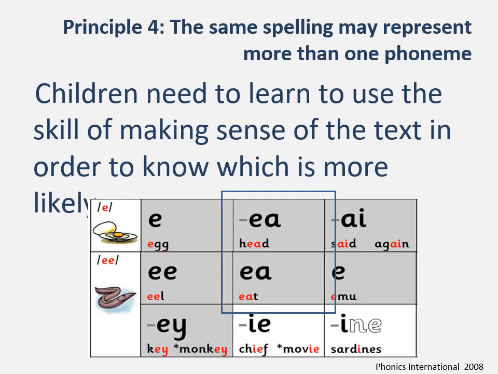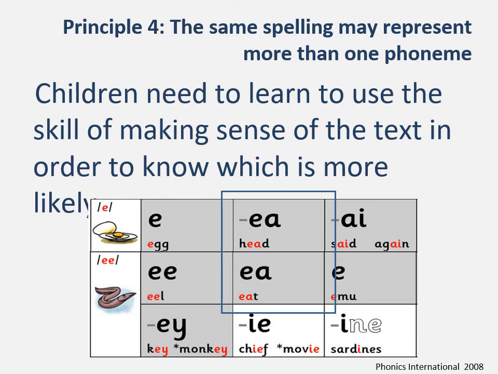The fourth principle, however, is that the same spelling can represent more than one phoneme. So here, if you look at the illustration at the bottom, you've got EA being used in 2 completely different ways to create different sounds. They are both vowel digraphs, EA, but in the first one it's making an E sound for head, and in the second one it's making an E sound for eat. So children need to be able to see them in context and understand what is the more likely sound there.